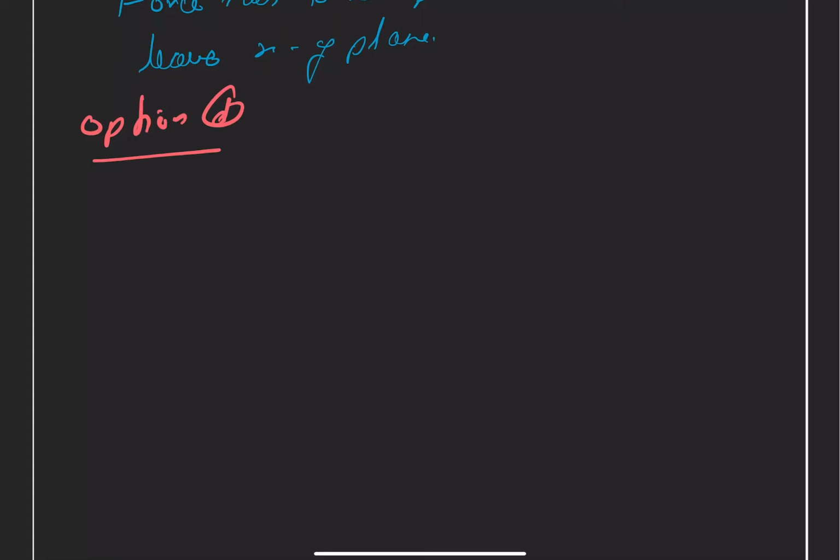Option D, we are given that electric field is in i direction and our magnetic field is Ck plus Bj.